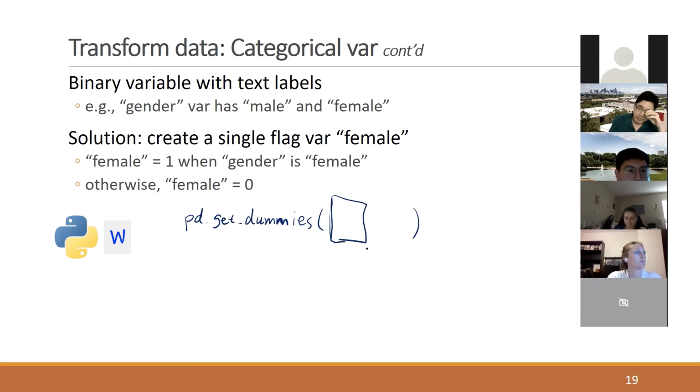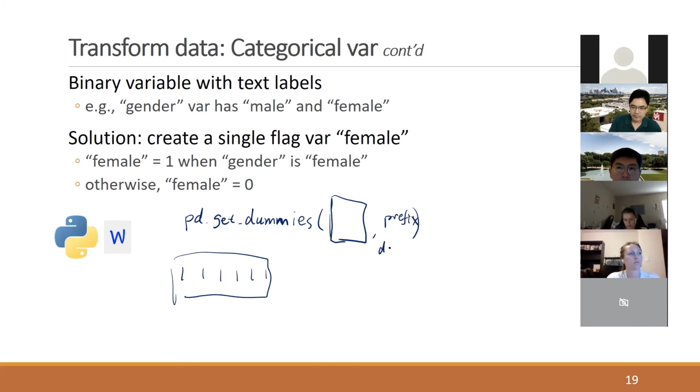It takes 2-dimensional data, so you can put several categorical variables here, and it will transform every categorical variable and put all the flag variables side by side and return it, and specify the prefix of the labels for the flag variables, and specify to drop the first. Then you can get k-1 flag variables. So these are for those cases where k is greater than 2.